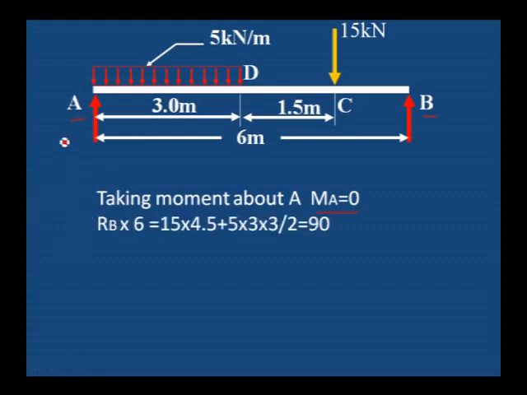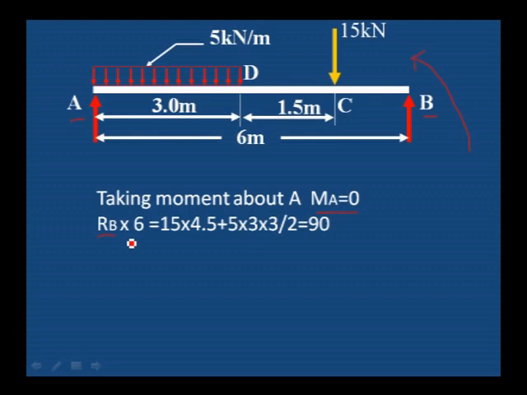Now moment about A, RB into 6. Reaction at B is RB, which is acting vertically upward, and this moment will be in anti-clockwise direction. Anti-clockwise moment is equal to clockwise moment, or sum of the moments about A is equal to 0.